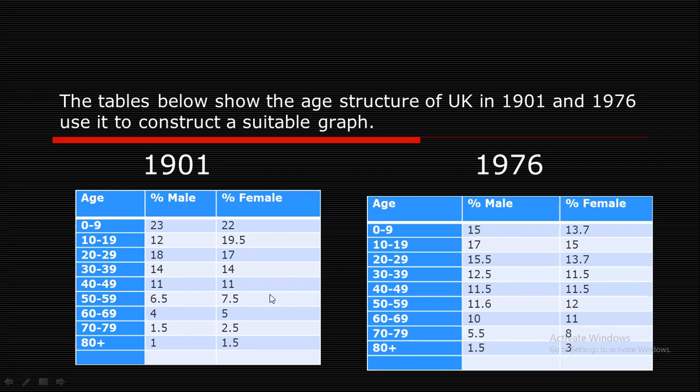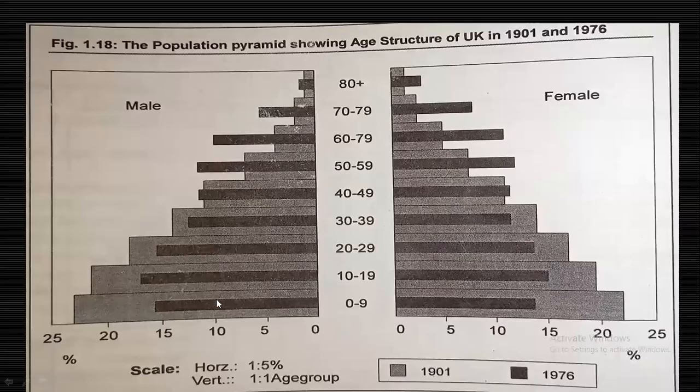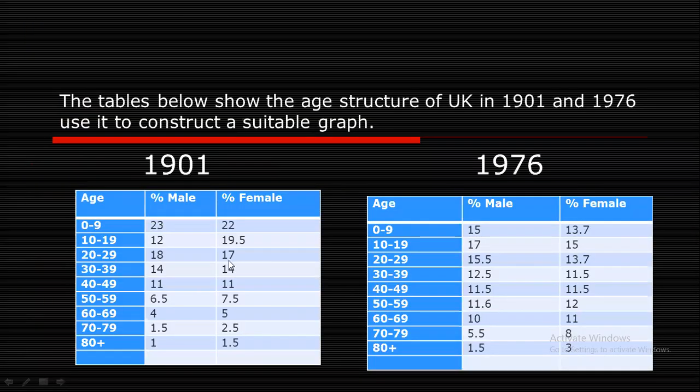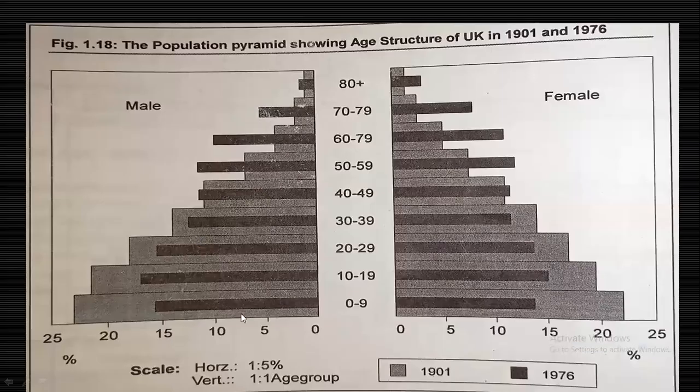So 1976, we shall represent here, 15. You will do the same to the next, which is 12 and 17. So 12 for 1901, we are using this, 12 is here.